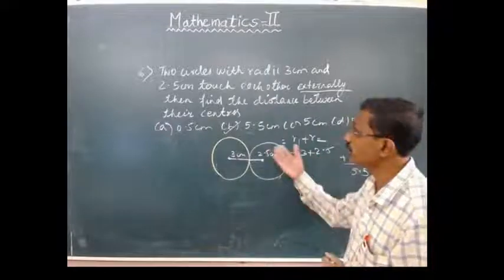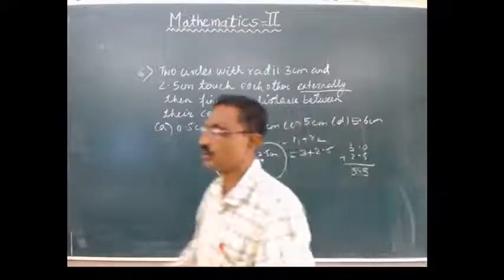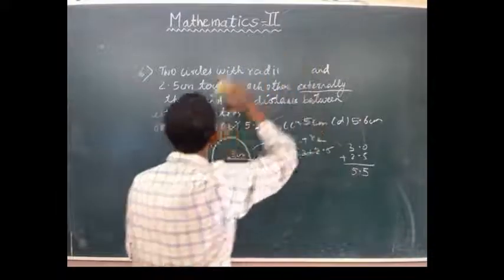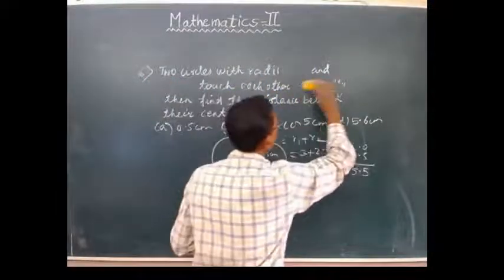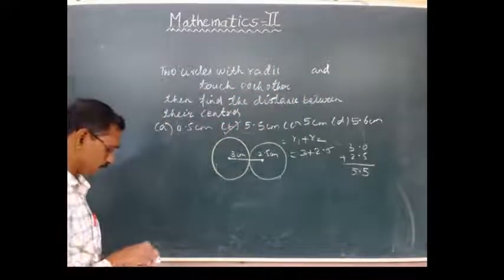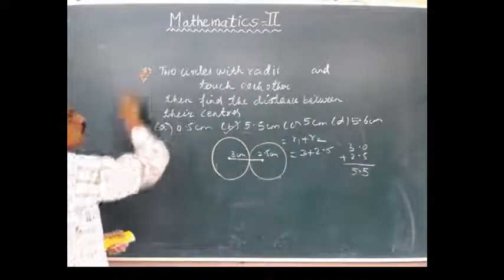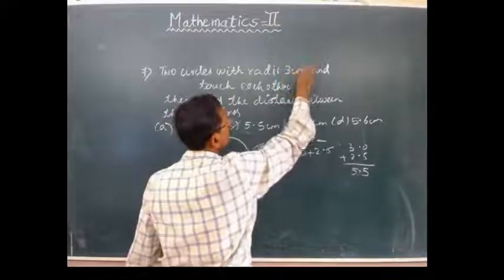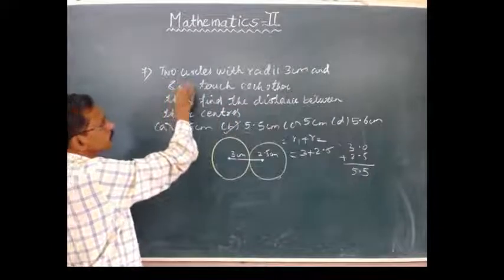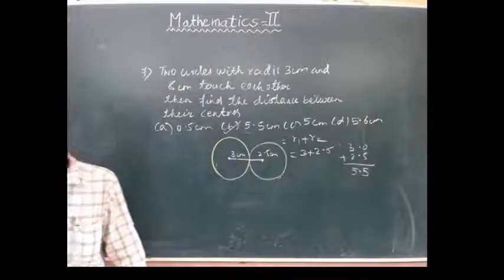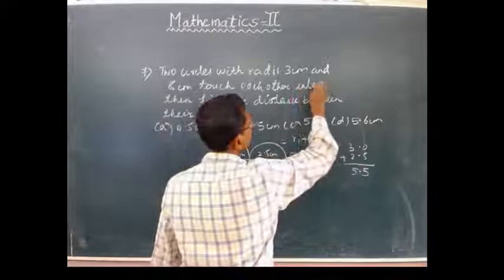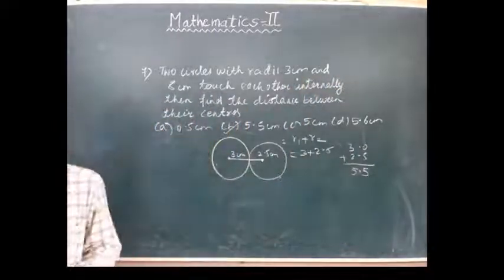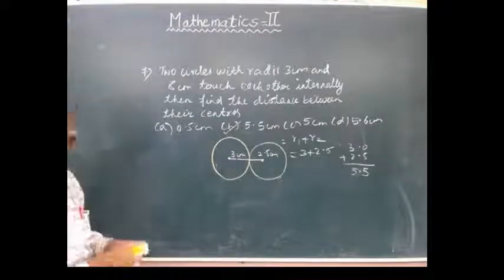But when they are touching internally, that also we will see, what happens when two circles with radii just touch each other. Seventh one: two circles with radii 3 centimeter and 8 centimeter touch each other internally. One example which we took with internally, then find the distance between their centers.